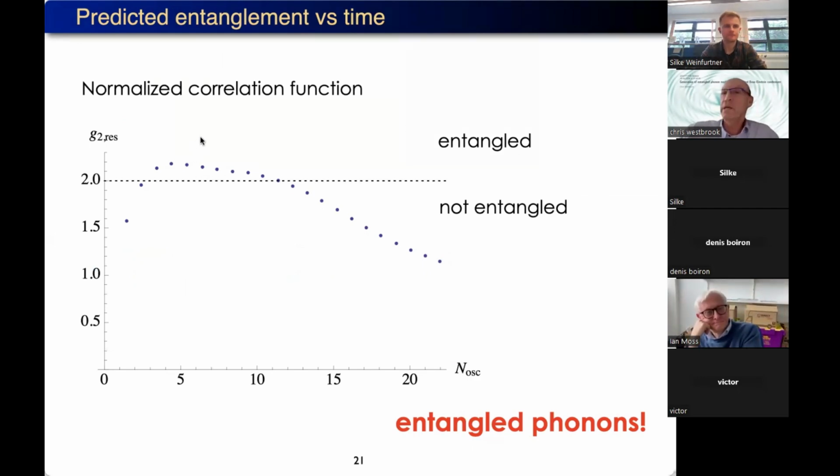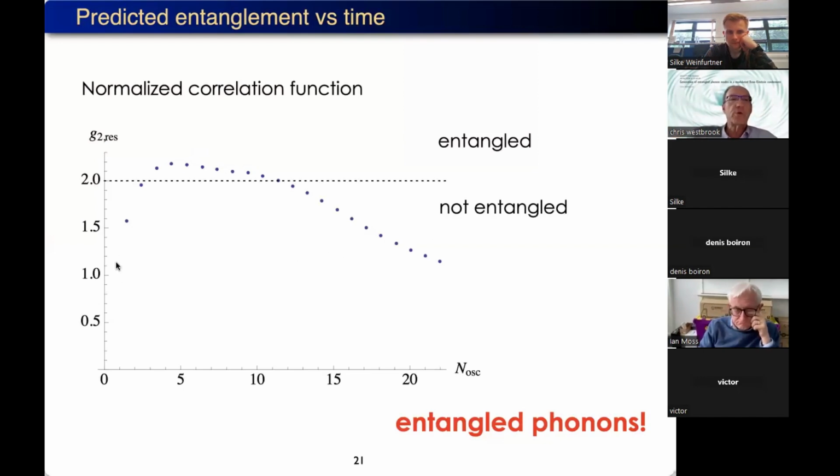That is to say, signaling an entangled state. And as you go longer, it dissipates. It eventually goes away to something that is not entangled, that is separable. And then there's an interesting thing here. The simulation also included the effects of finite temperature.